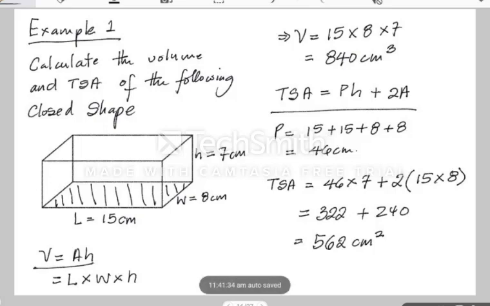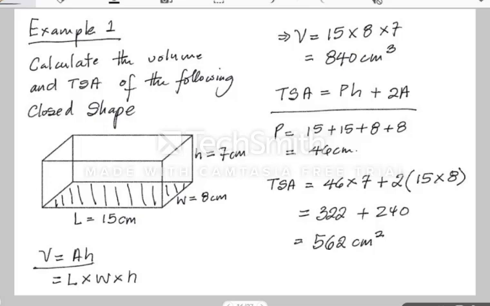So what makes a solid a shape with a uniform cross section? It's simple. If the shape throughout the length of the solid is the same, we say that it is a solid shape with a uniform cross section. In the case of a cuboid, throughout the length of the solid, you'll always have a what? A rectangle.